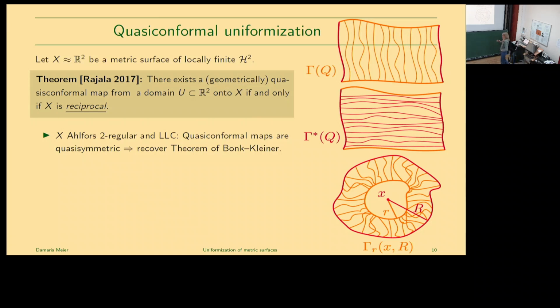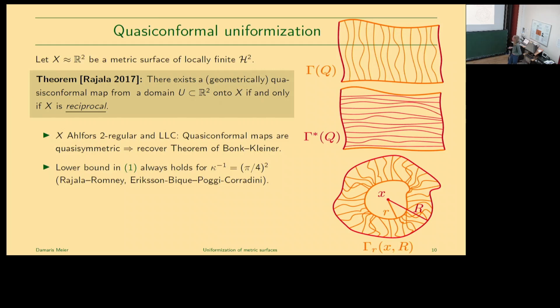So we've seen that if we are Ahlfors 2-regular, then we satisfy reciprocality, so we get the existence of a geometrically quasi-conformal map. Now, if we also assume linear local contractibility, then the quasi-conformal map upgrades to a quasi-symmetry. And therefore, we recover the theorem of Bonk and Kleiner.